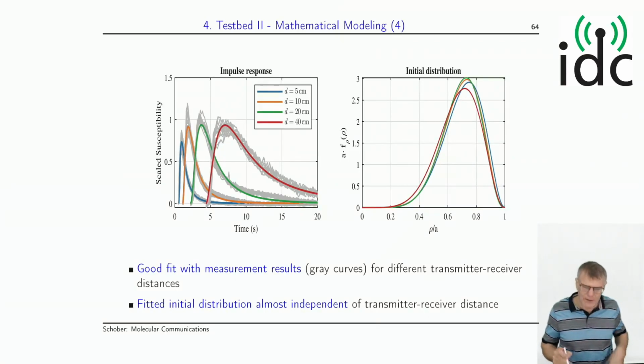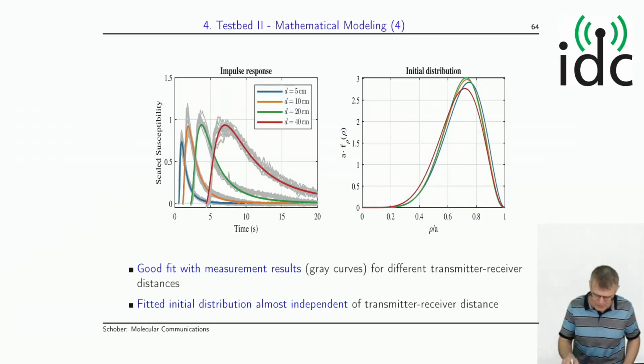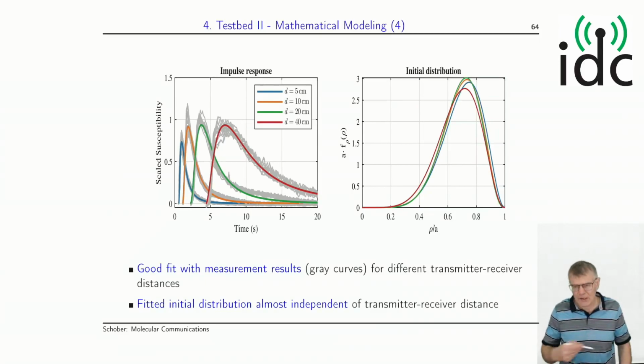All distances are close together, almost identical. This is intuitively pleasing because we would expect that the initial distribution of the particles does not depend on when you observe them finally. So these curves should really all be identical, and they're close together, for an experimental result.